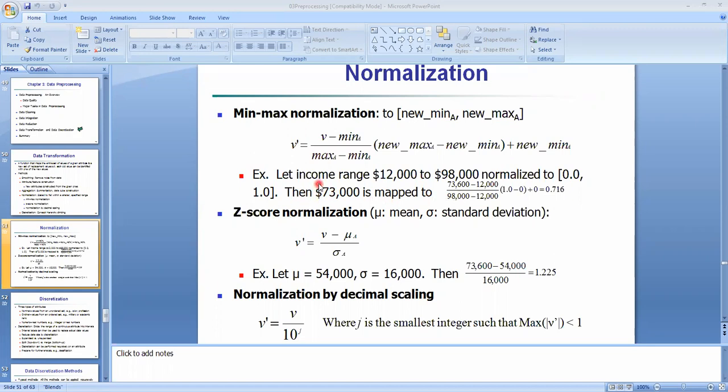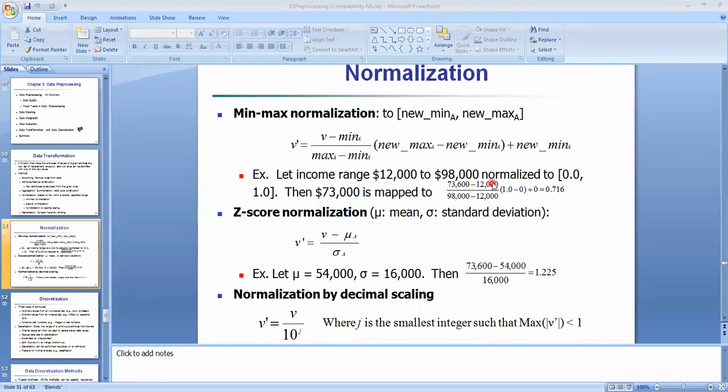This 73,000 is the value of V. You can put this value in the formula: 73,600 minus 12,000, divided by 98,000 minus 12,000.